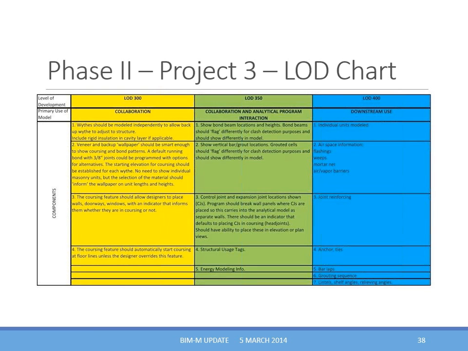And then moving to an LOD 350, where now you want to make your model a little bit smarter. You want to put a little more data into it, showing bond beams, showing locations and heights, having those bond beams flag a little differently for clash detection, showing vertical bar and grout locations, those types of things.